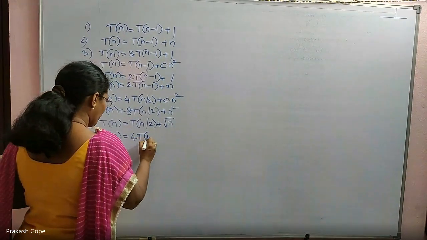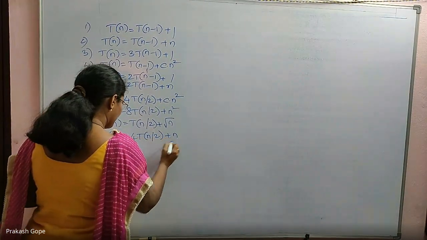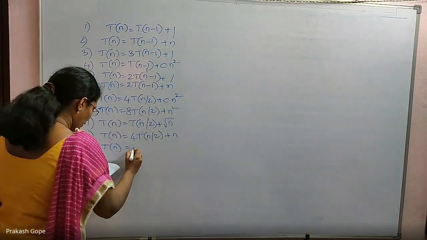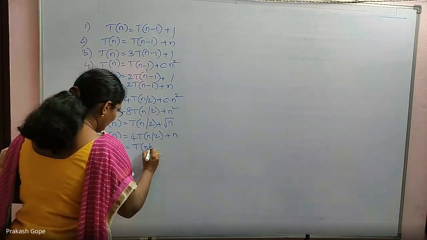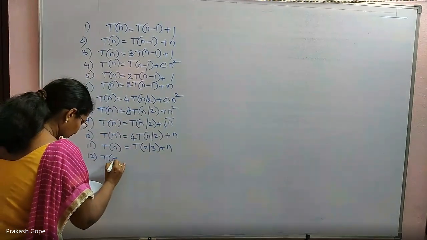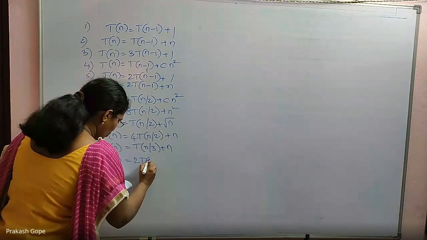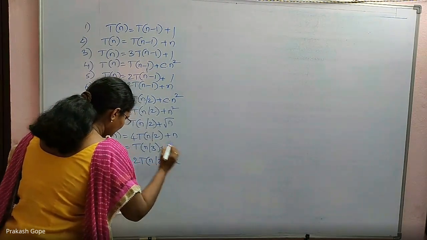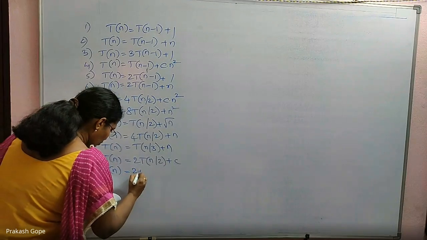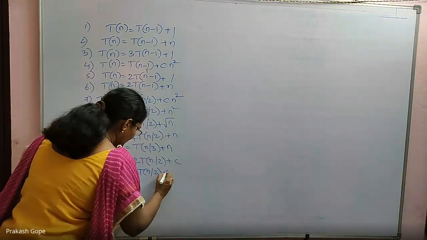4 into T of n by 2 plus n. T of n is equal to T of n by 3 plus n. 2 into T of n by 2 plus c. 2 into T of n by 2 plus n.